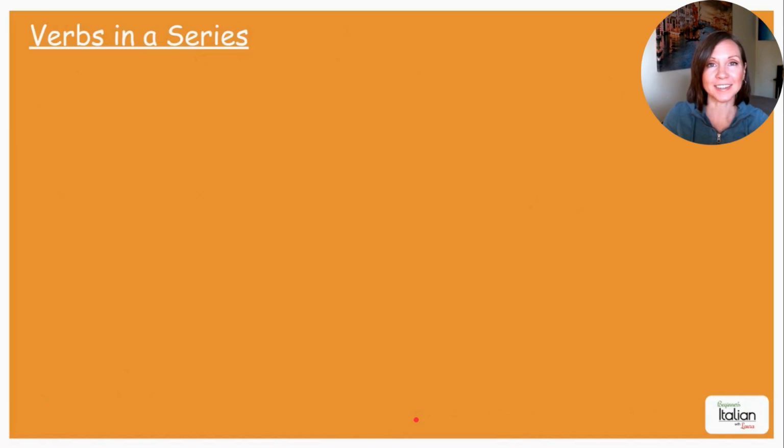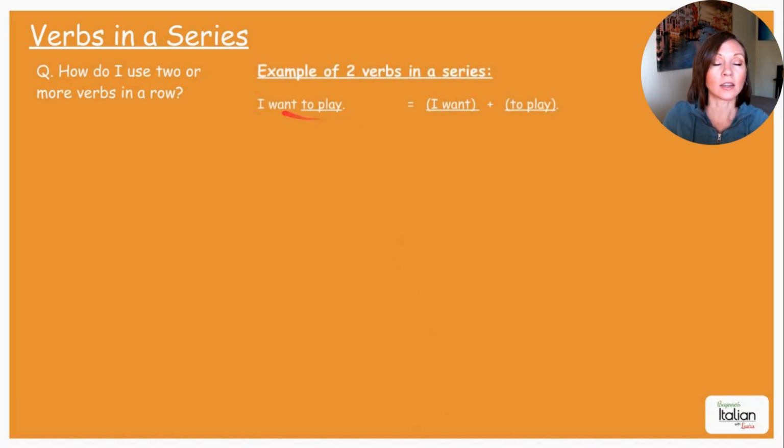Verbs in a series. How do I use two or more verbs in a row? Well, for example, if you want to say, I want to play, in English, you'd say, I want, and then you add to play. Voglio giocare.